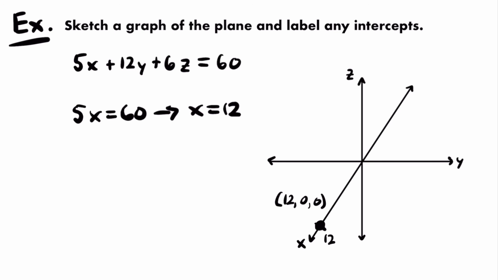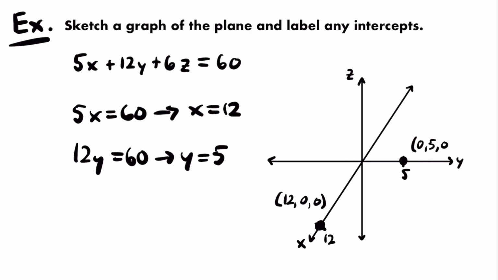So if we do that, this term will become 0 because anything times 0 is 0. And the same will happen for this term, and so we'll just have 12y equal to 60. All right, so 12y equal to 60 will then give us that y equals 5, because 60 divided by 12 is 5. And so if we go to our 3D coordinate system here, at y equals 5, we have a y-intercept, which would be the point 0, 5, 0.